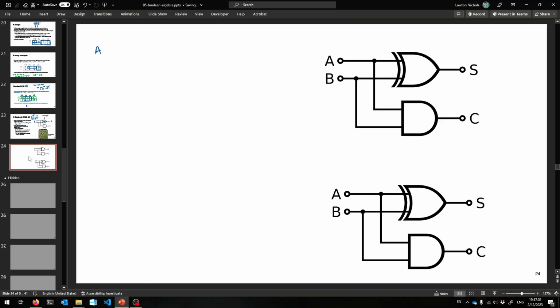Let me prove that to you. A, B, and then A XOR B. So you got your true, true, true, false, false, true, false, false. And then exclusive OR is true when they differ and false otherwise.